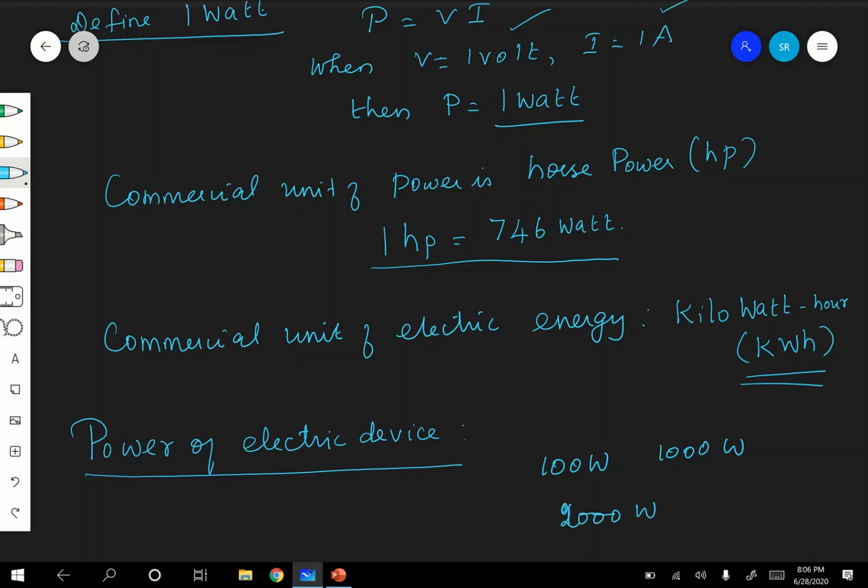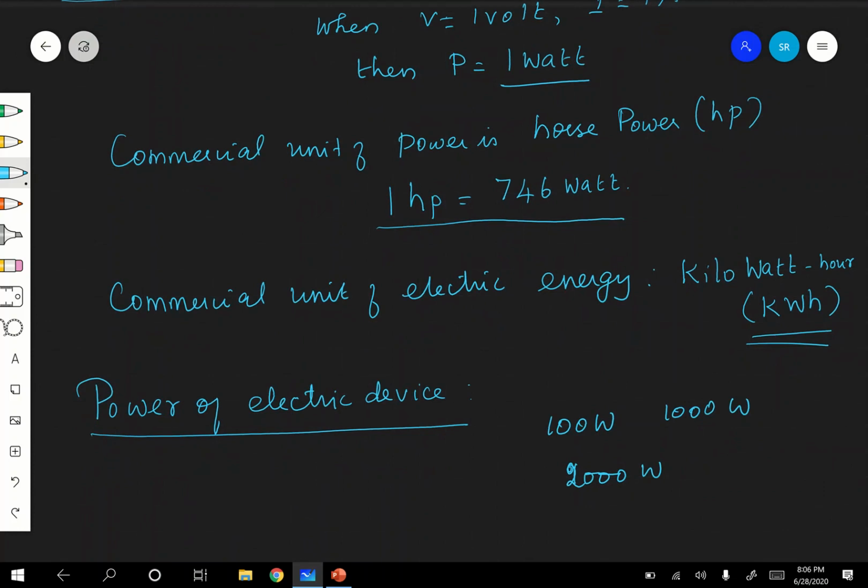This is what is called the rating. If you have an immersion coil or iron box, it would have written on the appliance itself, 1500 watt, 220 volt.